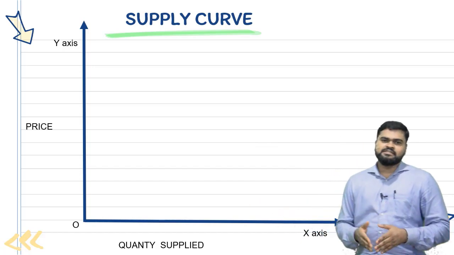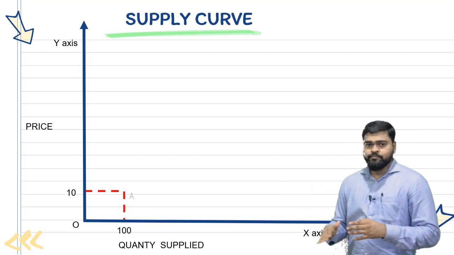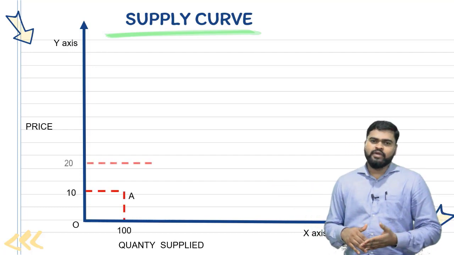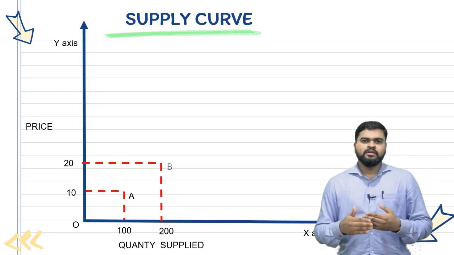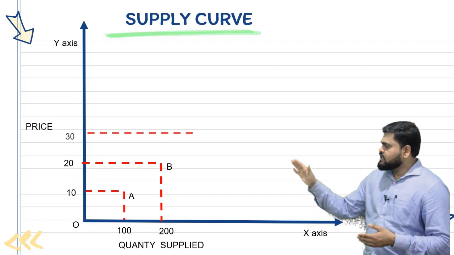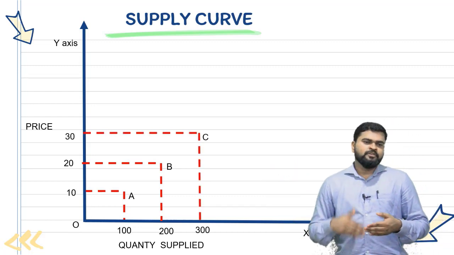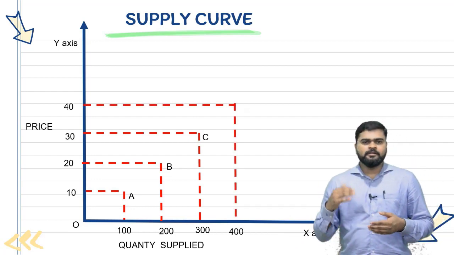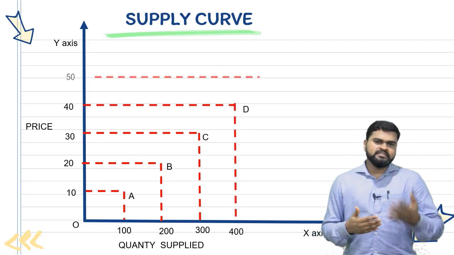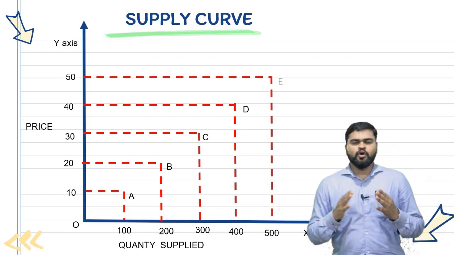When price is 10, quantity supply is 100 at point A. When price increases to 20, quantity supply also increases to 200 at point B. Further, when price increases to 30, quantity supply also increases to 300 at point C. When price increases to 40, quantity supply increases to 400 at point D. And when price increases to 50, quantity supply increases to 500 at point E.